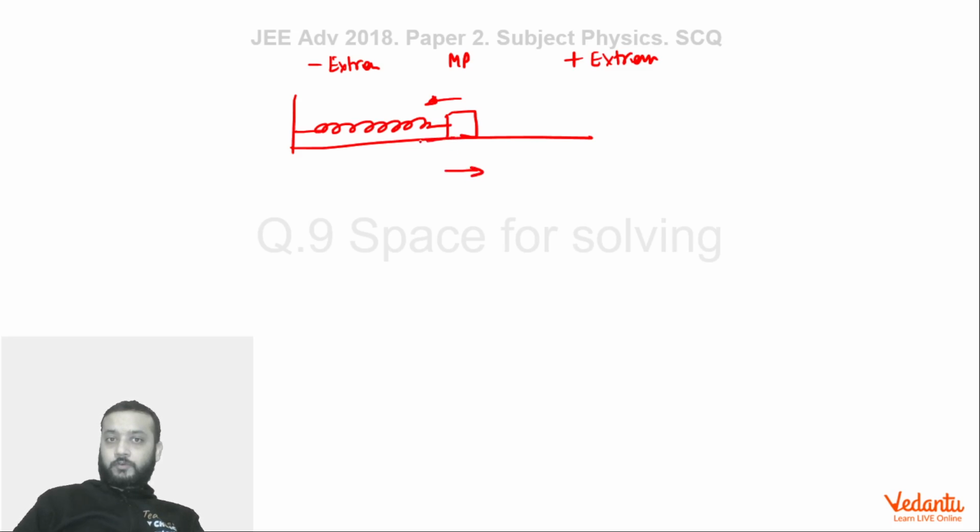So the block goes, its momentum, or we can say its velocity, becomes 0 from v naught. Force is continuously acting in the positive direction. Again it comes back to this position. Its velocity again becomes v naught, and force is still acting in the positive direction.